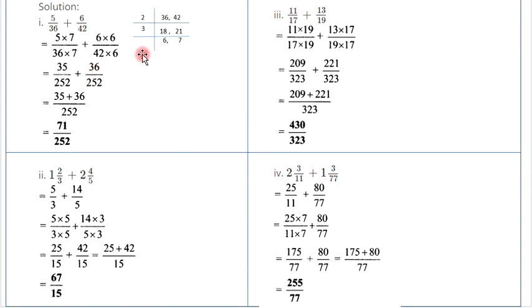For that, you need to find the factors of 36 and 42. The common factor is 6, 2 into 3, 6. And accordingly, you have to multiply and equalize the denominators to get the answer.